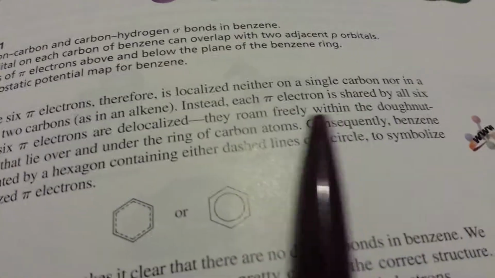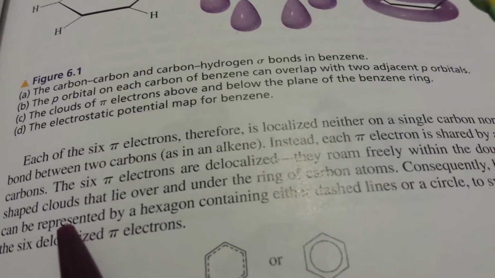Instead, each pi electron is shared by all 6 carbons, by all the bonds.